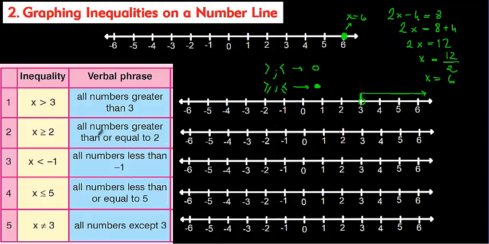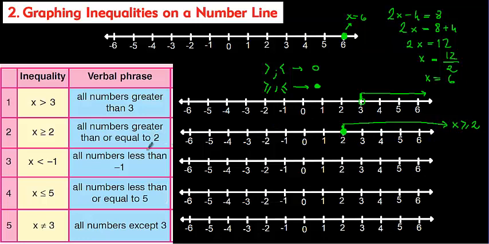So first I'm going to find the 2, I'm going to close the point, and all numbers greater than 2 and equal to 2. So 2 is going to be included. Here 3 is not included. 3 is inclusive, and this line is representing x is greater or equal to 2.